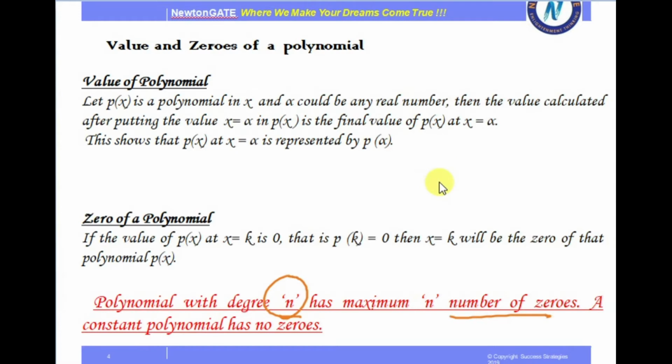Here, maximum n number of zeros means we will get maximum n real zeros. There is a concept of imaginary or complex zeros which we will learn in later classes. But as of now, let us understand what are maximum n number of zeros in our next slide.